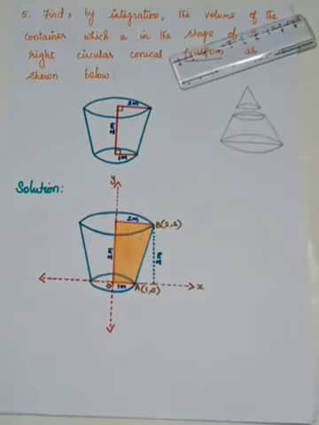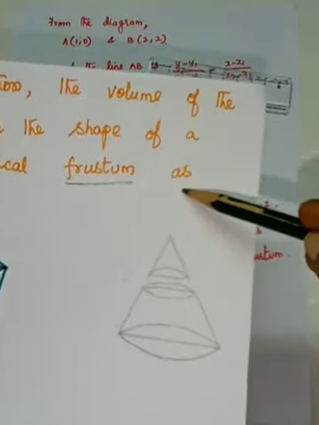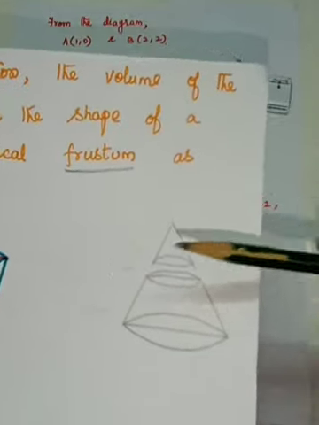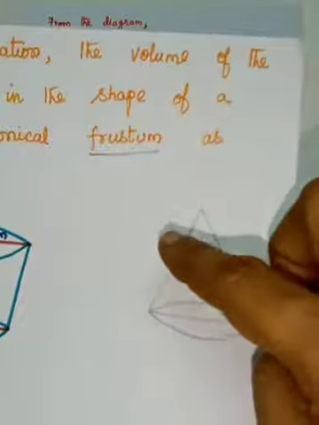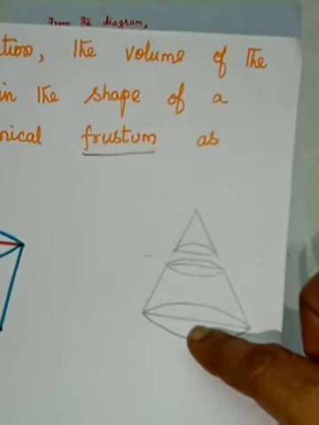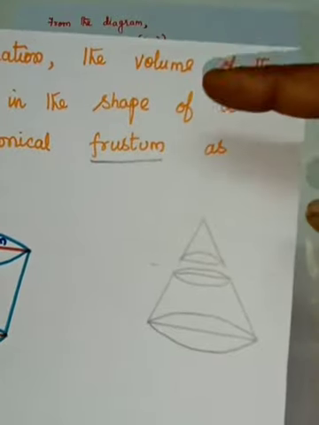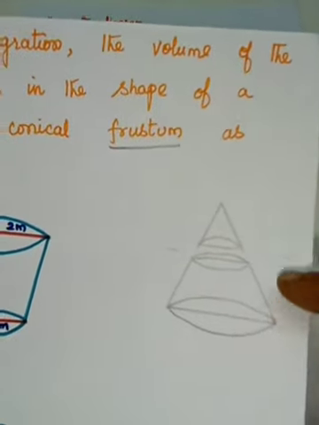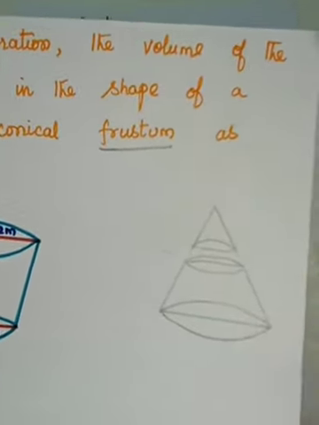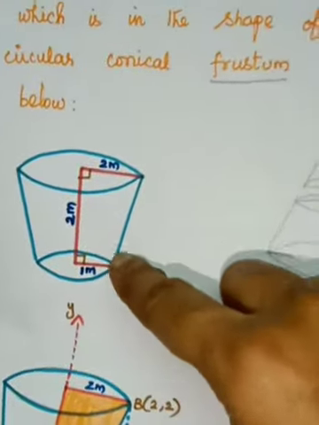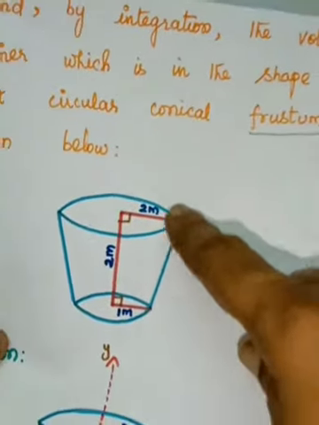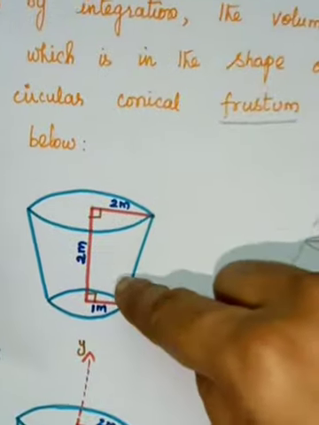You see now here, the full cone is cut by the line which is parallel to the base. So the upper part is cut off. The remaining part is called the frustum. So here it is drawn. So the container is in the shape of a frustum.